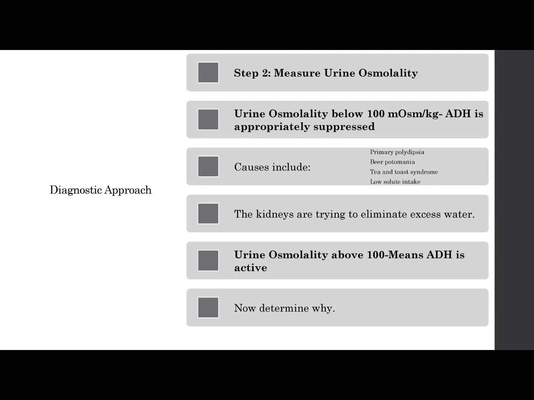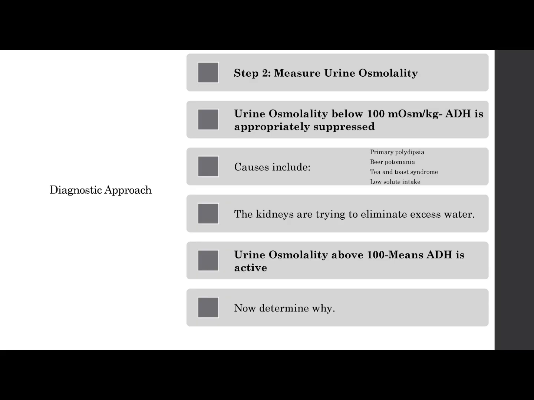Step 2. Measure urine osmolality. This tells us whether ADH is active. Urine osmolality below 100 milliosmol per kg in the setting of hyponatremia means ADH is appropriately suppressed and kidneys are trying to eliminate excess water.